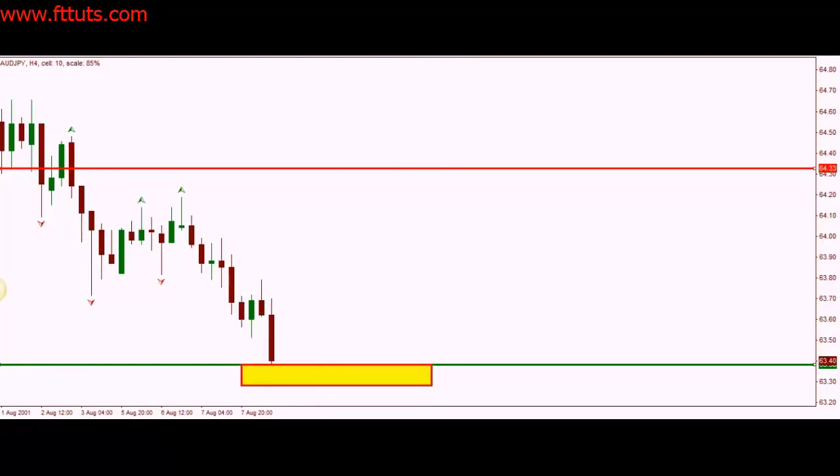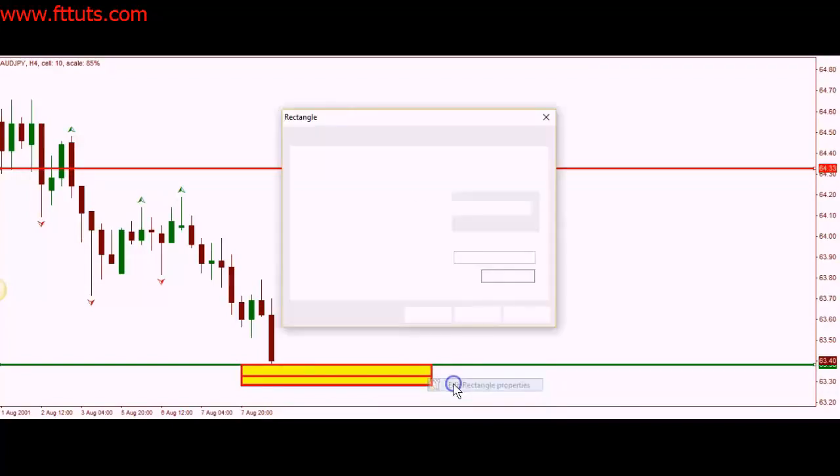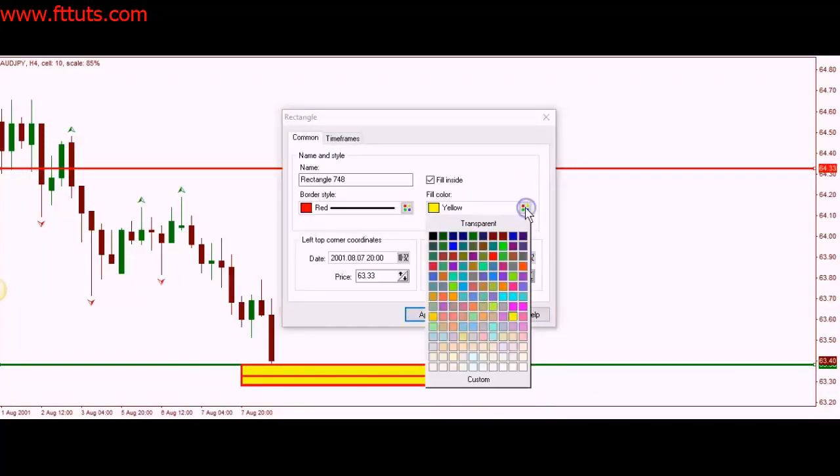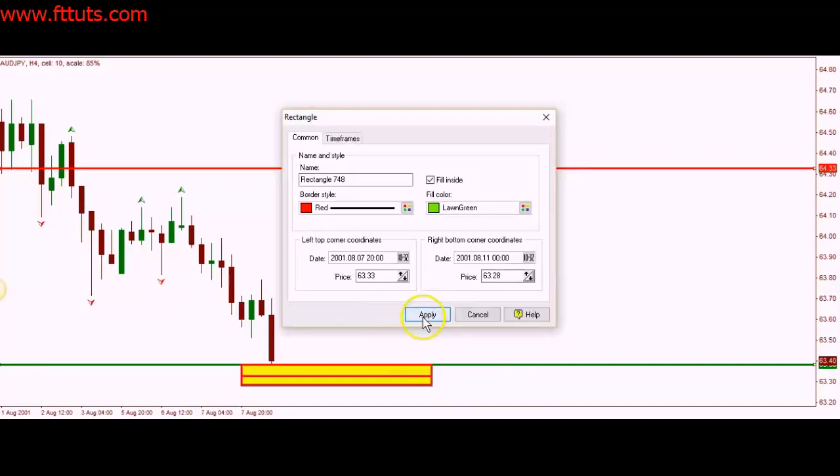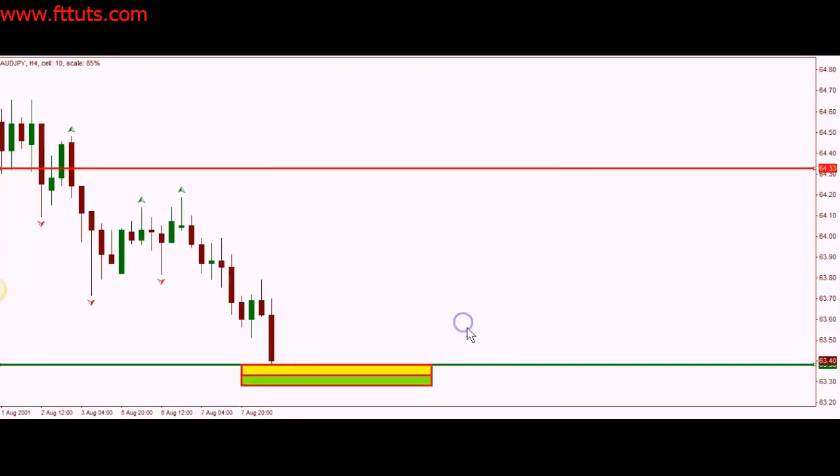All right, so maybe here we'll mark this light green. All right, so let's mark how many orders we have coming into the market.